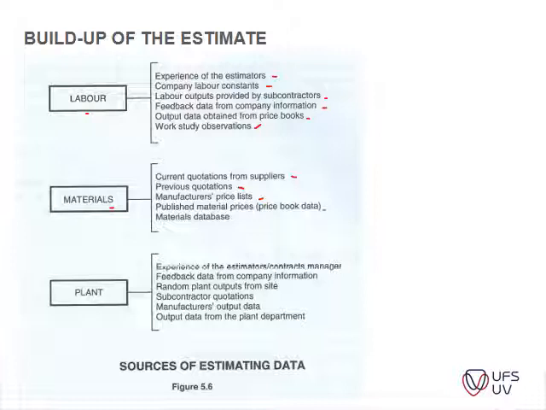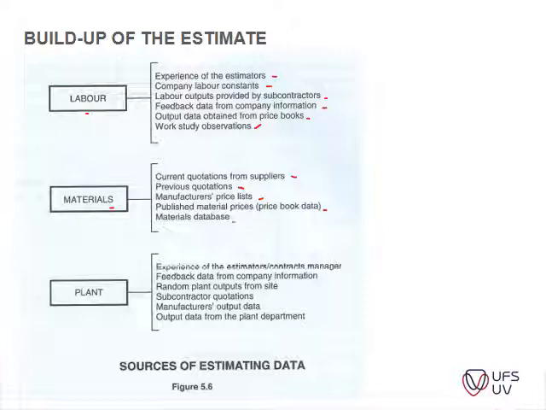Published material prices. On the internet, you can get quite a lot of information these days if you need to do an estimate, although it's quite risky because most of the prices on the internet are usually special rates that are given, and not necessarily the actual rate whenever you are going to buy that material. So it's best to get actual quotations from suppliers.